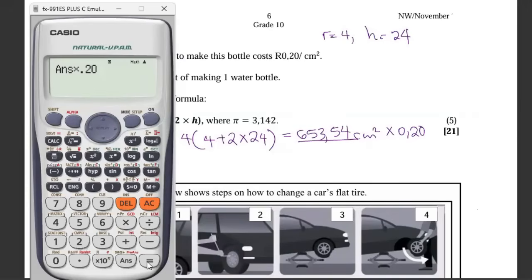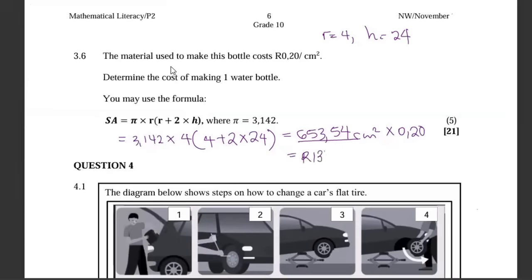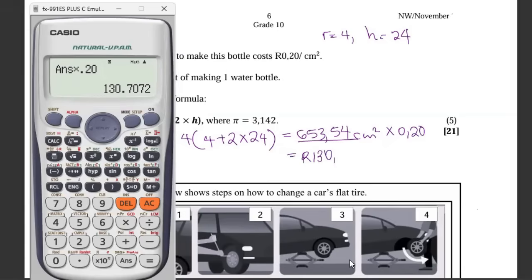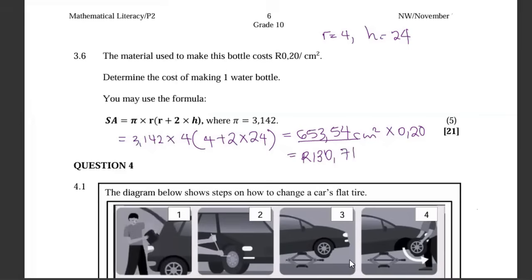We shall get the answer 130,71. This is money. 71 cents.